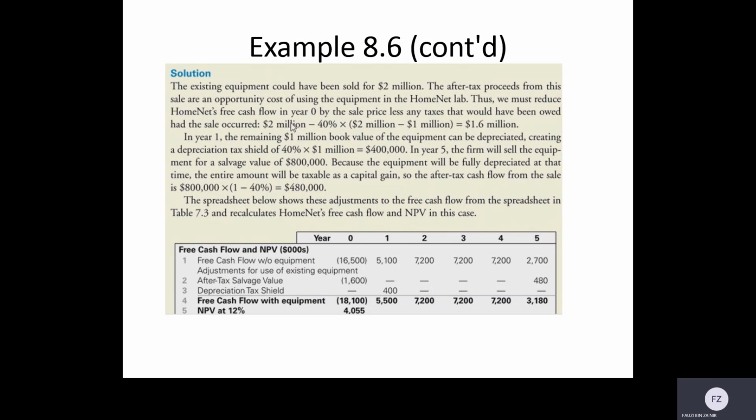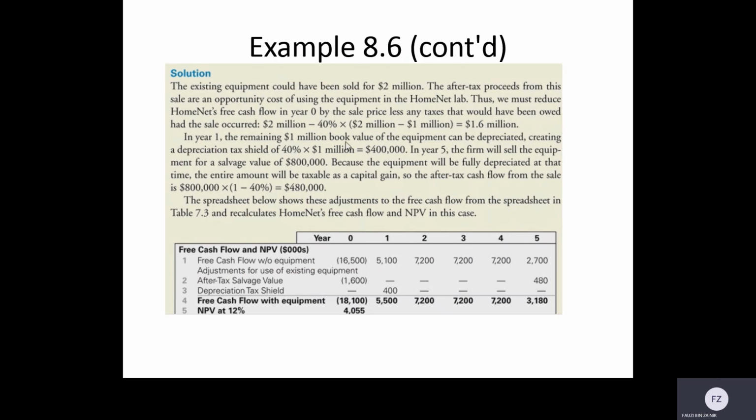So we have come up with a formula: the selling price of 2 million minus the tax rate imposed on the capital gain. There is a 400,000 tax on the capital gain, so we only receive 1.6 million.